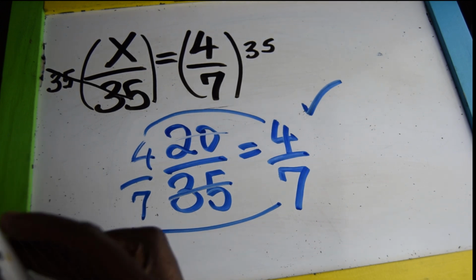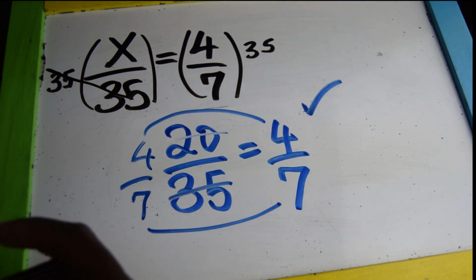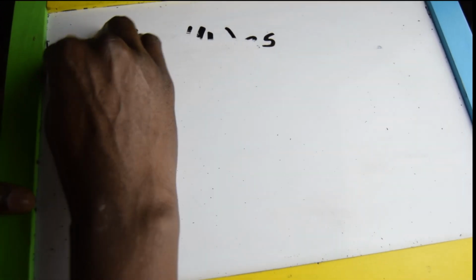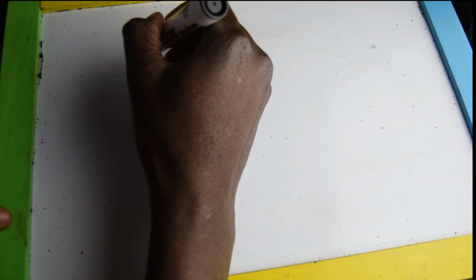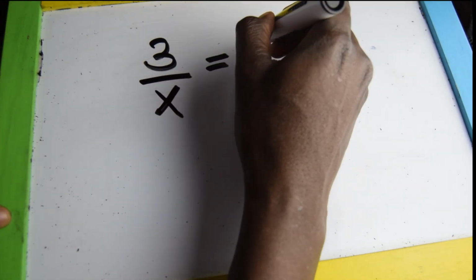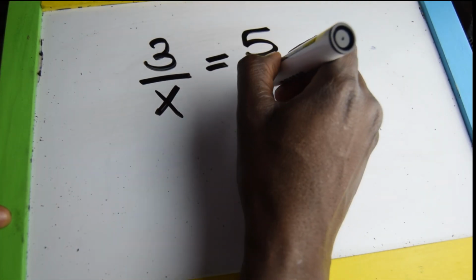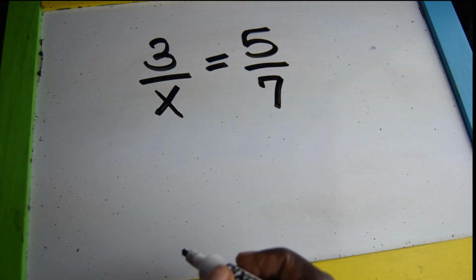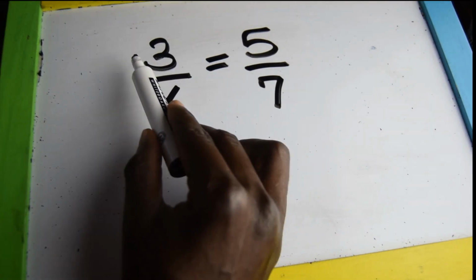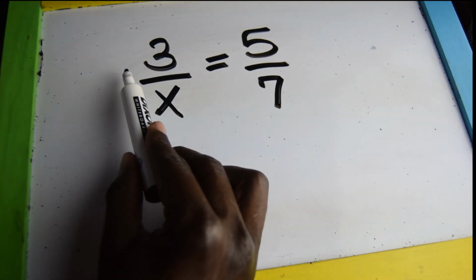Now the next one: let's look at when you have a variable at the bottom. Let's say you have 3 over x equal to 5 over 7. In this case, because x is at the bottom, I'll not multiply both sides by 3 or by x.